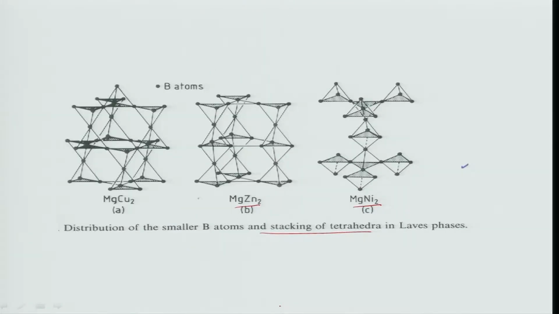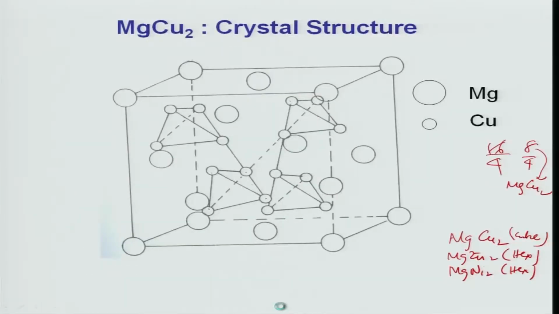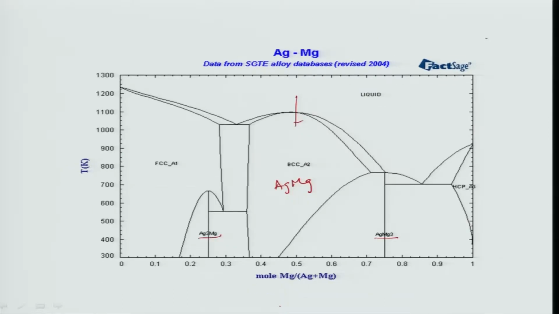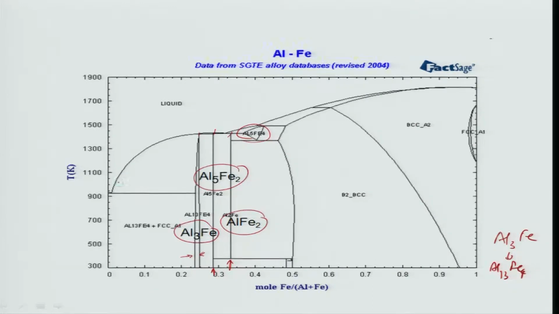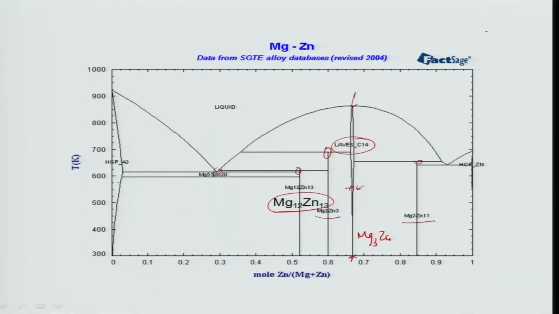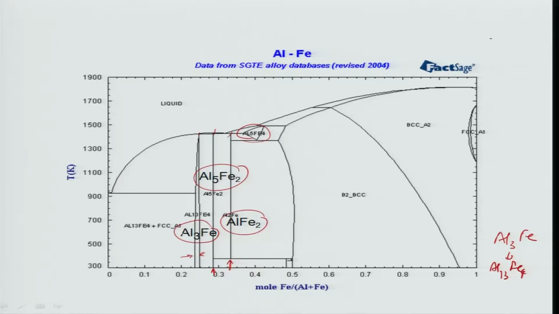And I would also like to tell you that these compounds which I showed you earlier are very useful. Mg12Zn13 forms a eutectic with alpha, and it has a spiral structure. Then Al3Ni, Al5Ni2 and similar compounds are used as intermetallic compounds in high temperature applications.